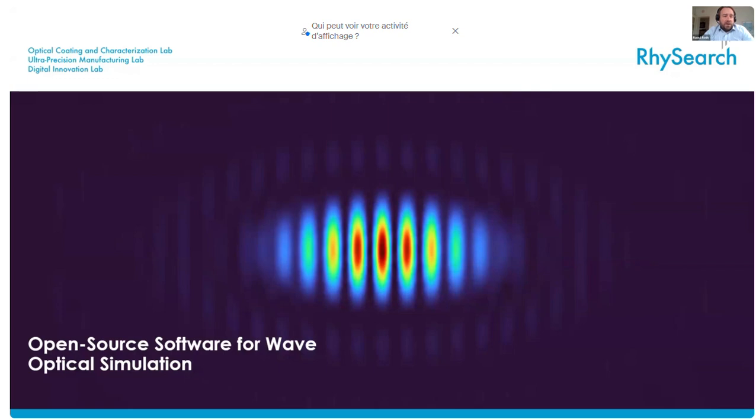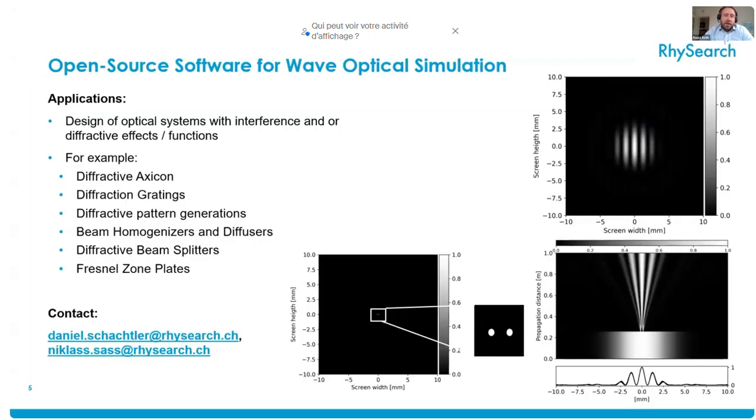The open source software for wave optical simulation. It was just newly uploaded. I'll start by trying to show some applications. It's for design of optical systems, but not the usual way of just seeing how the light propagates in terms of reflection and deflection, but in terms of interference and diffractive effects and functions.